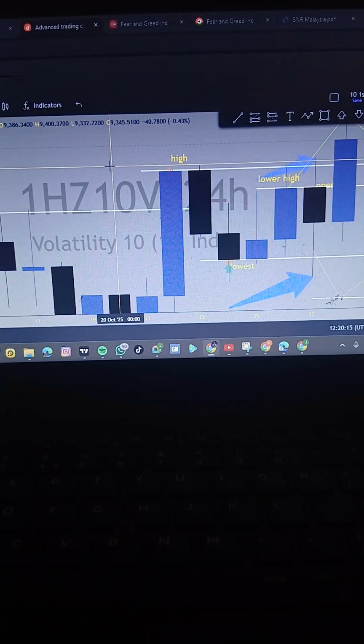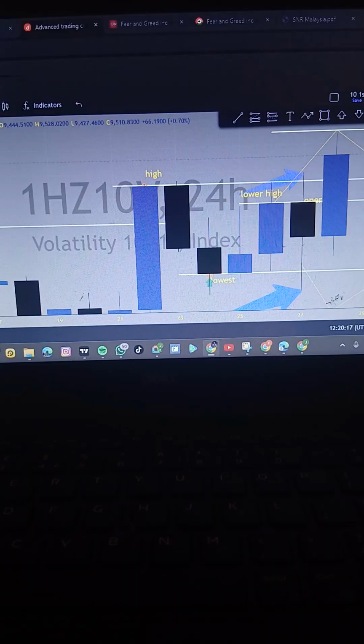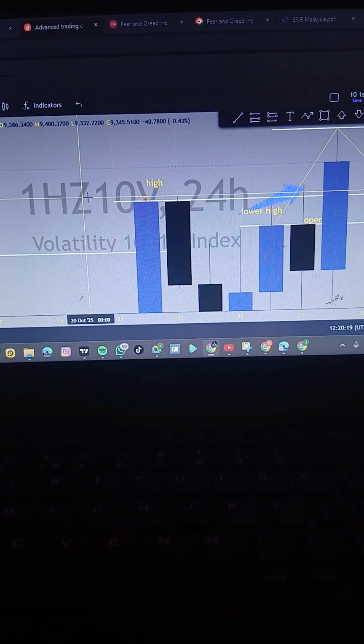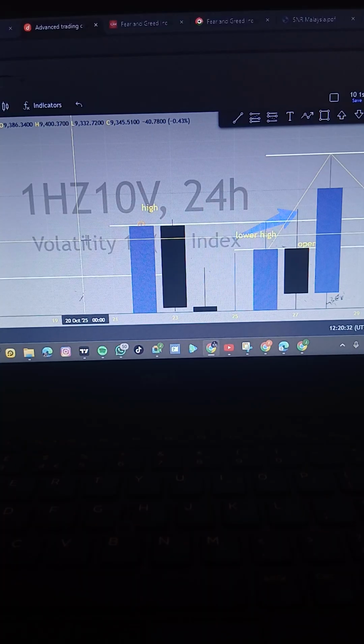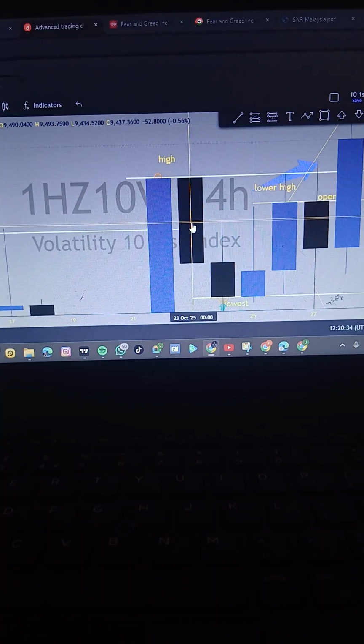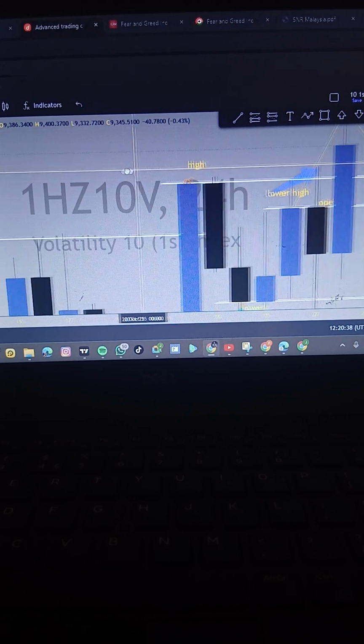You see what I mean? The close of this bullish, this blue candle, joining the open of this bearish. So I'm going to be marking like this.